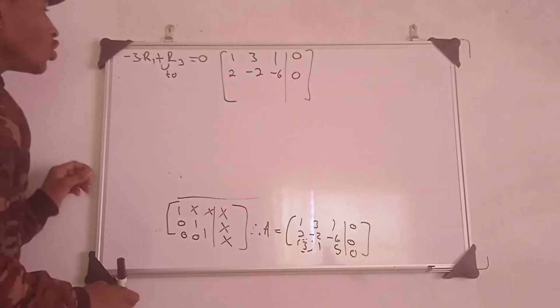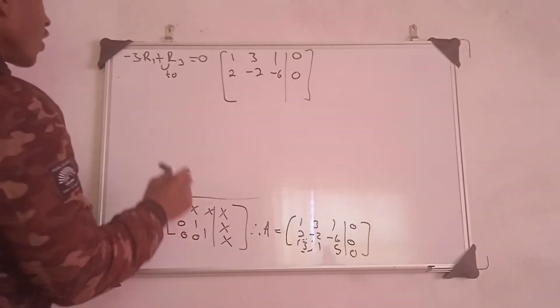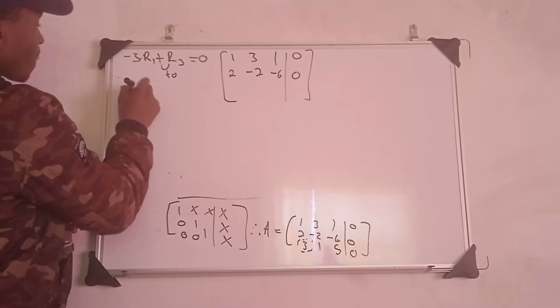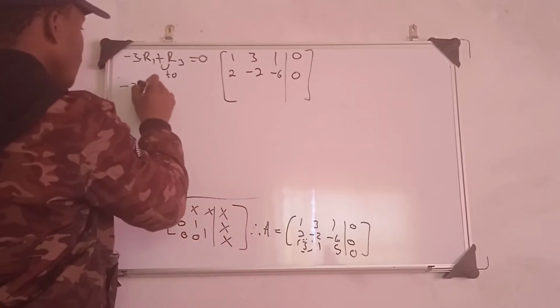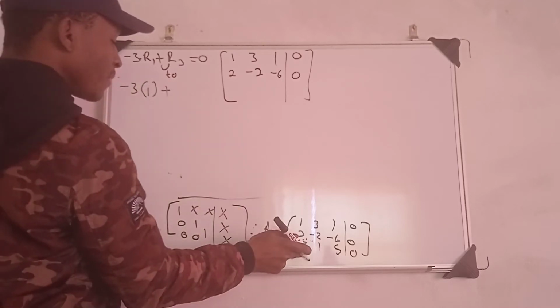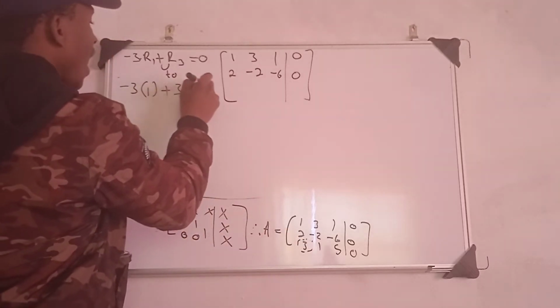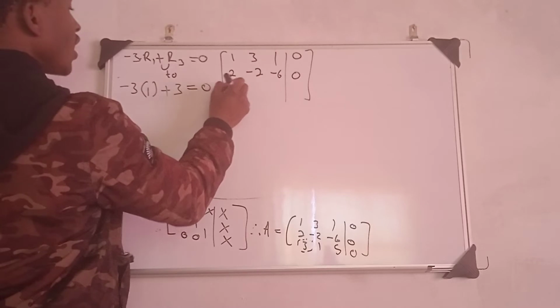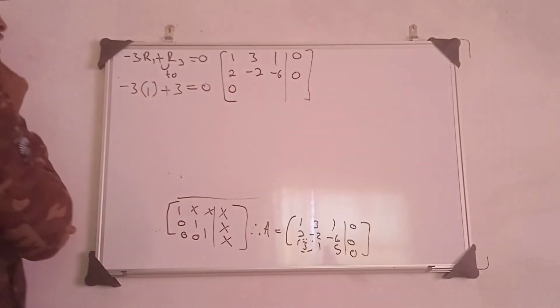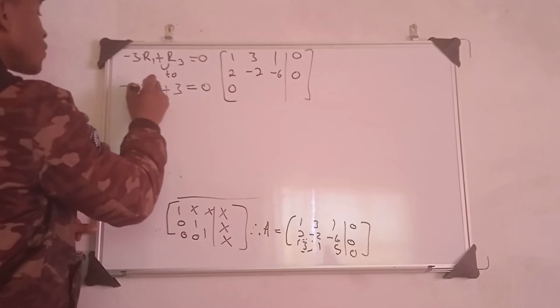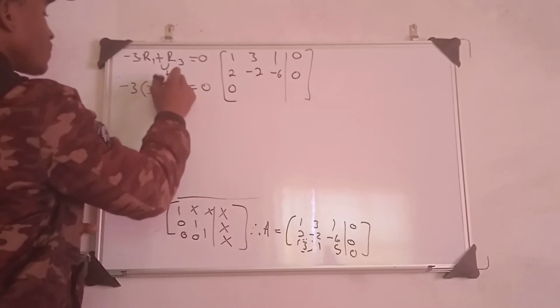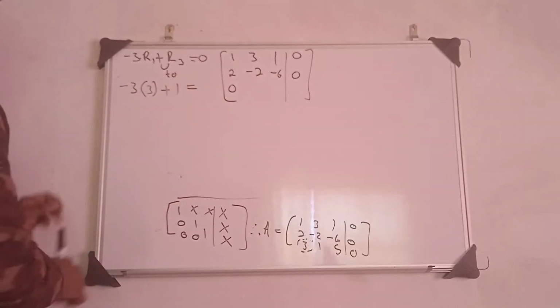So guys, you can take a look at this. If I substitute this one here and then add this 3 here, I'm getting 0. That's where this 0 will stay. So I can substitute this 3 and this 1 here. If I substitute this 3 and 1 here, how much do I get?